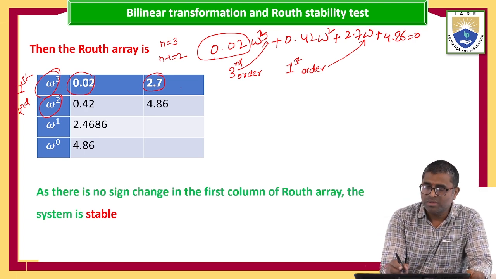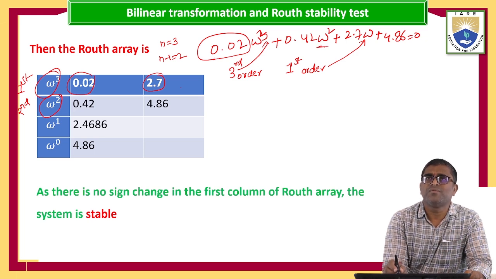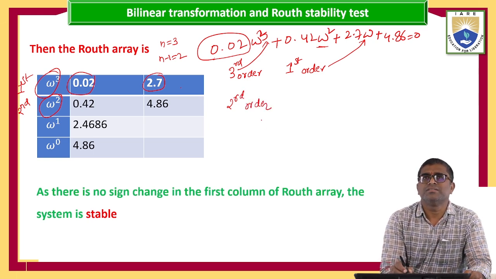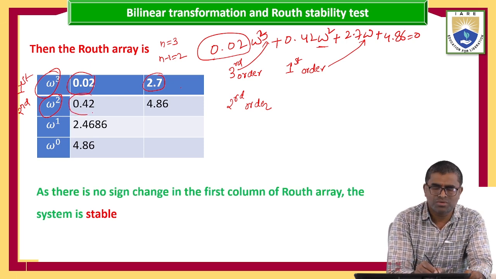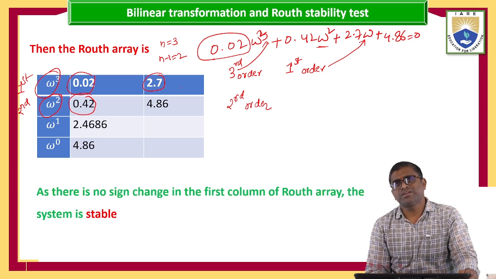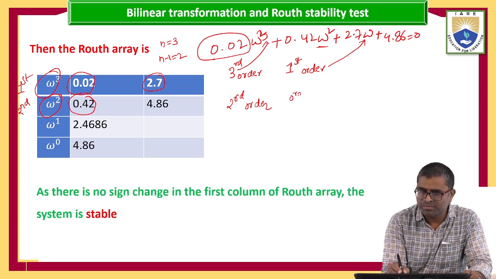That's why in this problem, in the Cauchy equation, the second order system is this one. For this, the magnitude of the second order term is 0.42.